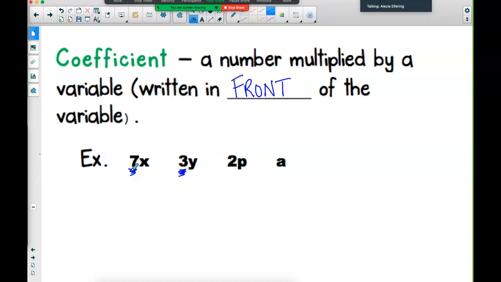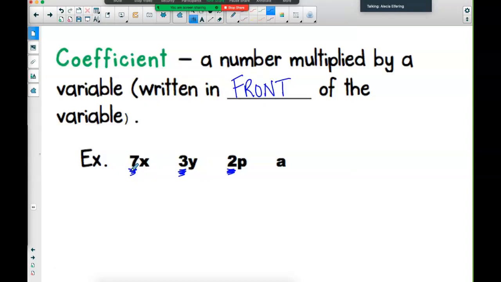So what's the coefficient in 2p? Everyone, shout it out. 2. What's the coefficient on a? Not a. There is one. It's not 0. What number could we put in front of the a so that when we multiply it, it would stay the same?